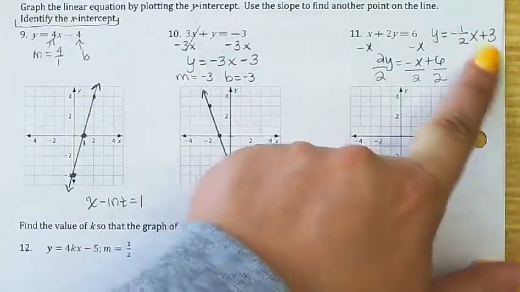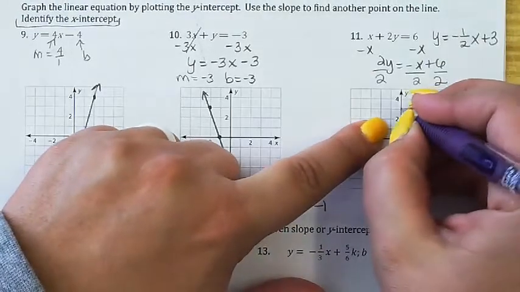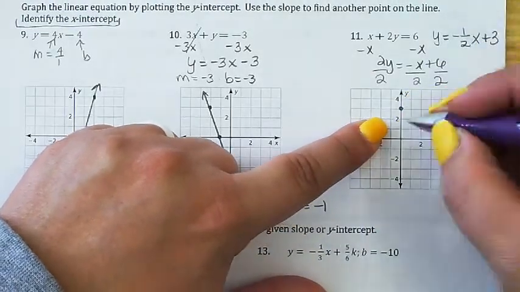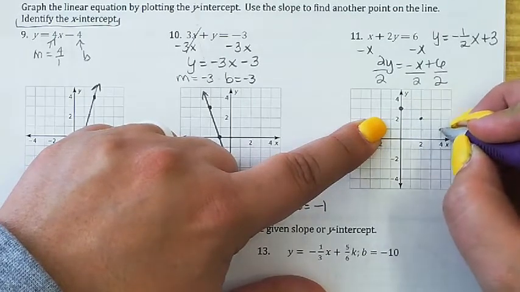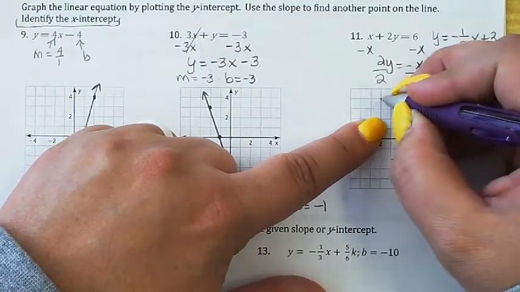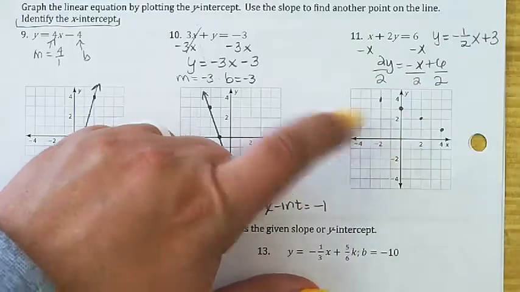So that has a y-intercept of 3, so I'm going to go to 3 here, and a slope of -1/2, that's down 1 and forward 2, down 1 and forward 2. Or you could go up and then backwards. You should still end up on the same line.